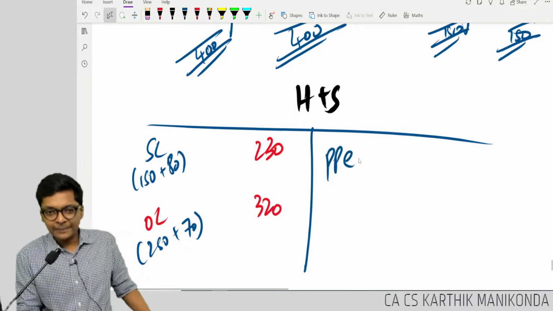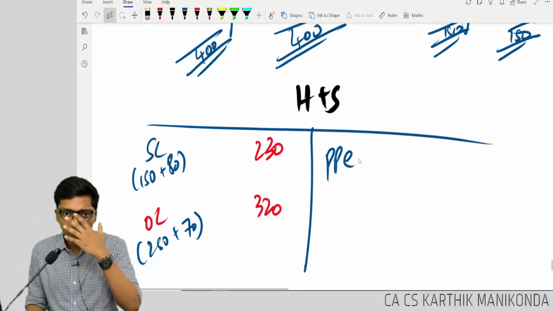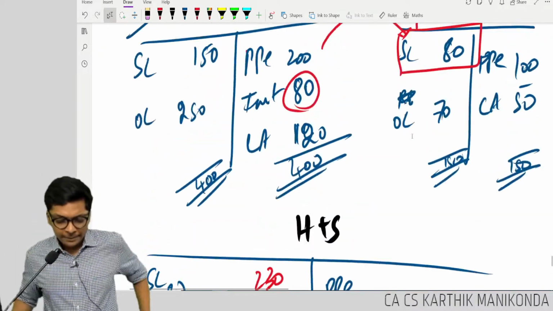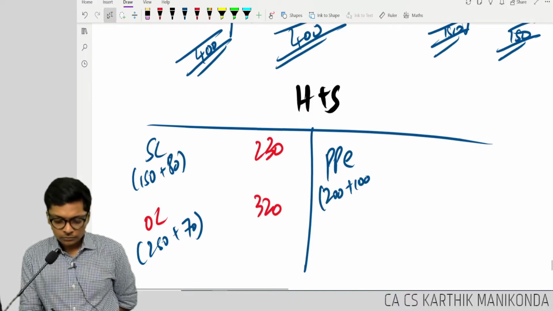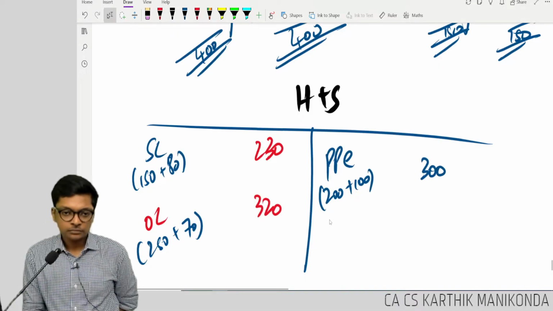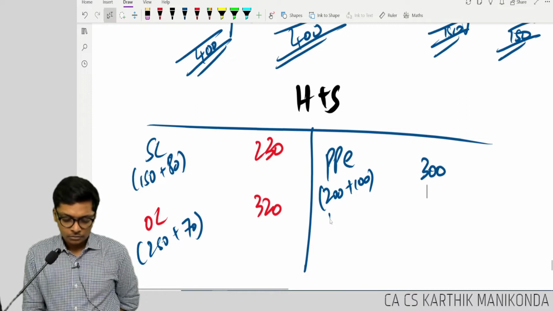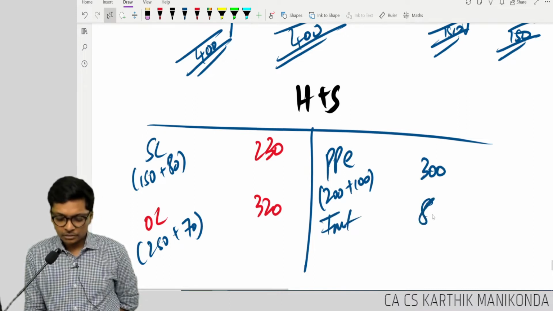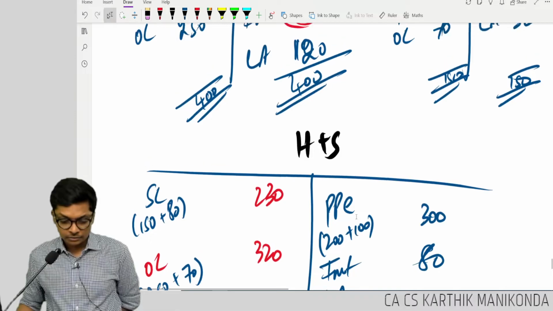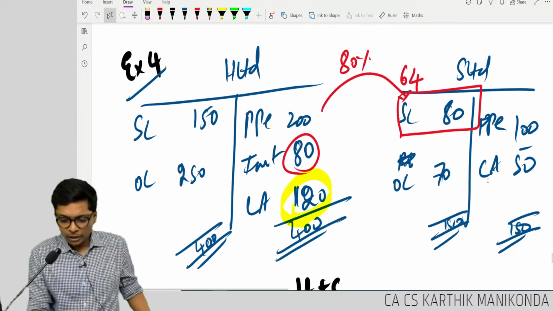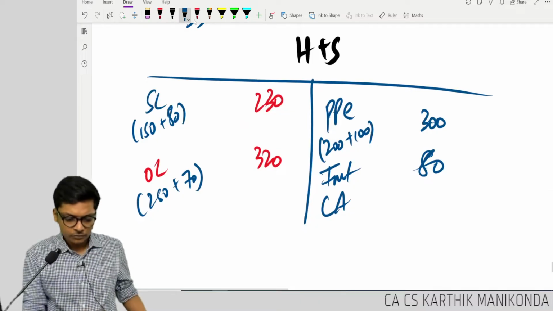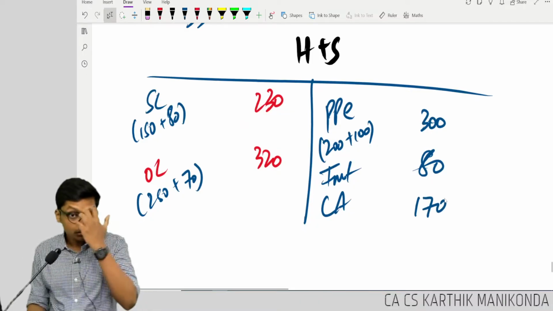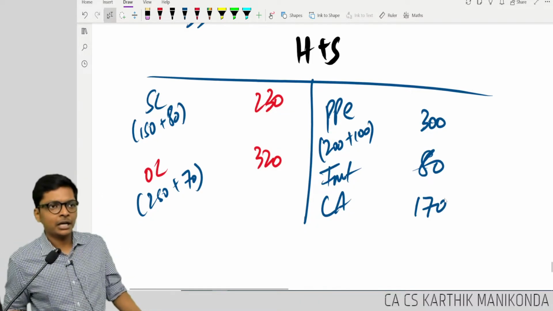Of course, multiple times you will write. I want the same numbers, so it will be easy for revision later. PPE will be 200 plus. Then investments 80, current assets 120 plus 50, 170. Are you following, guys?